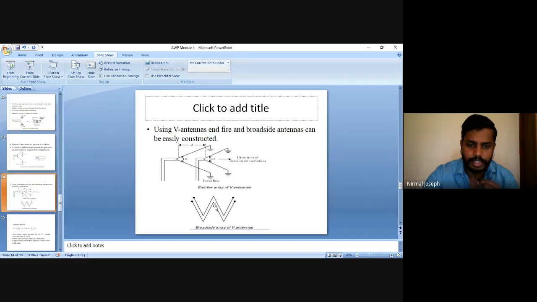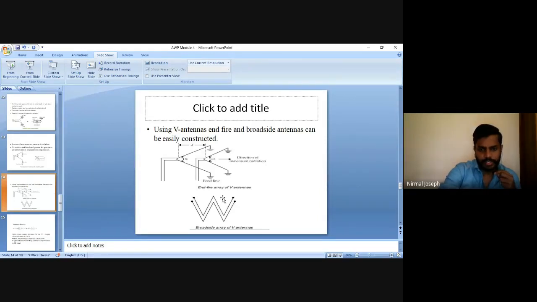And here is the broadside arrangement of the V antenna. This is a V antenna, and this is another V antenna. Likewise, this is one V antenna, this is another V antenna. Likewise, we can arrange them. This is the array axis. Array axis will be like this. To which direction will it fire?